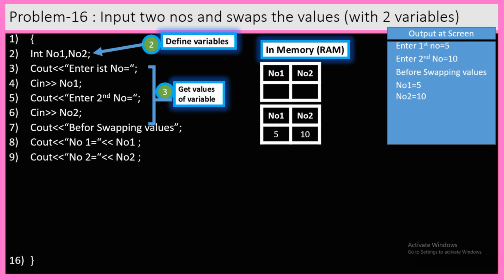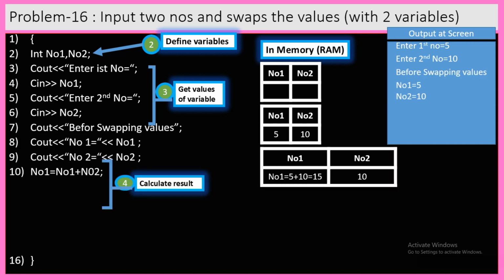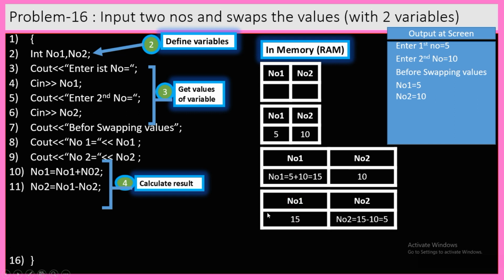In next step, step 4, calculation result. We calculate number 1 is equal to number 1 plus number 2. In memory you can see number 1 is equal to 5 plus 10 is equal to 15, and at number 2 we simply have the same value 10. In next step, number 2 is equal to number 1 minus number 2.